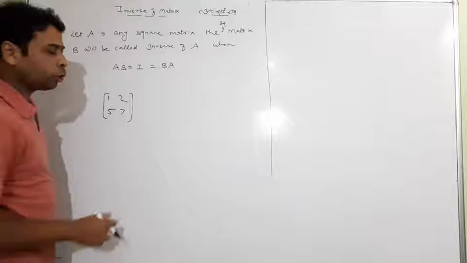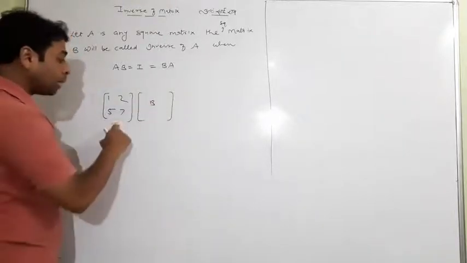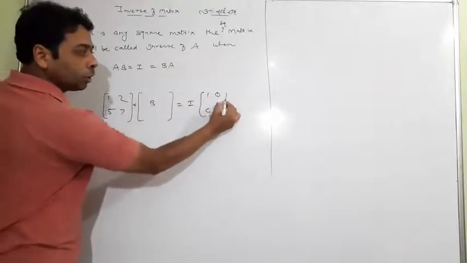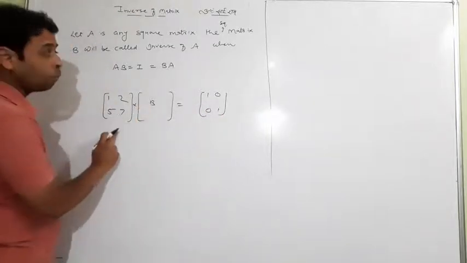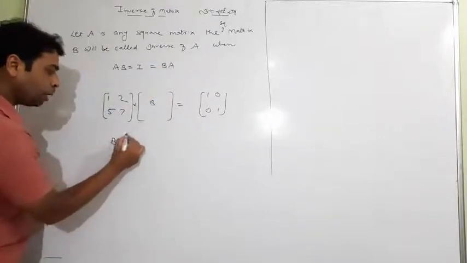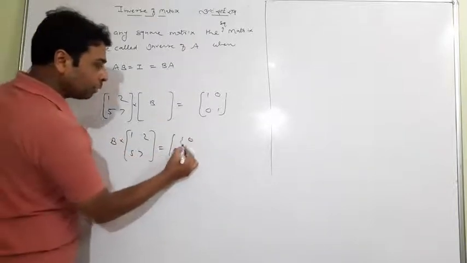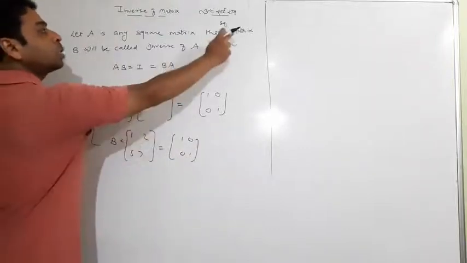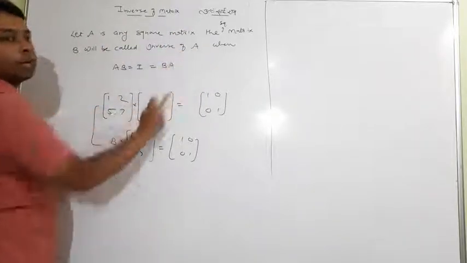If you can find such a matrix B where the multiplication of these two is I, meaning the unit matrix, then B will be called the inverse of A. The vice versa is also possible, meaning BA should also be I. In both conditions, B is called the inverse of A.